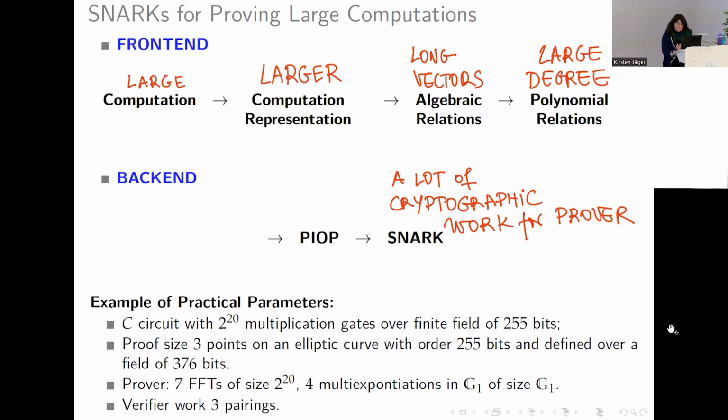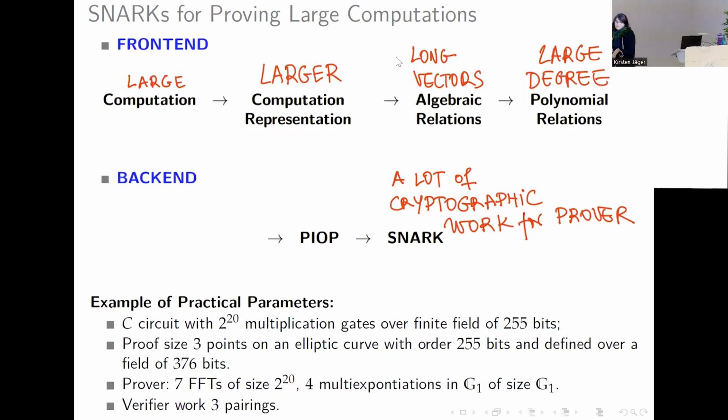Here you have a sort of made up example of how some kind of parameters would look like. Okay, so what are we talking about? What's the size of this computation? So let's say you want to prove a circuit of 2 to the 20 gates. That's not very big, might look big, but it's not.